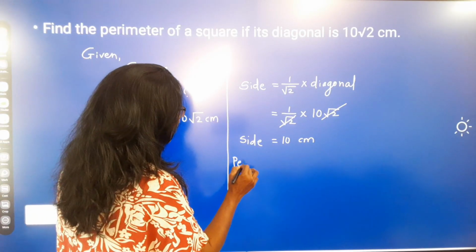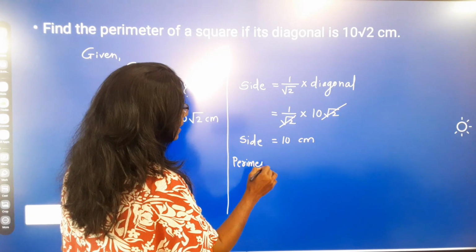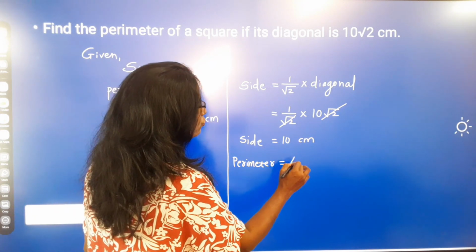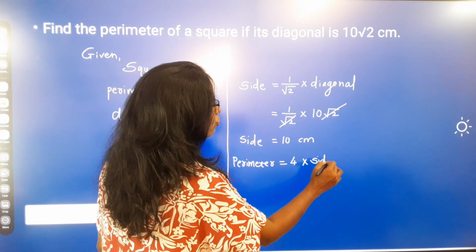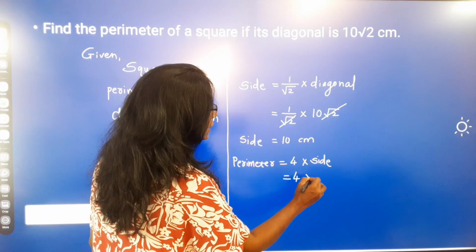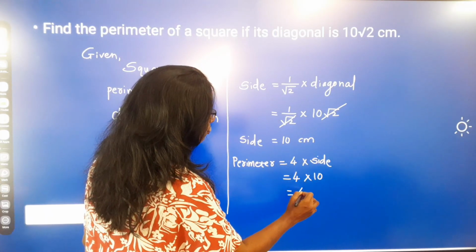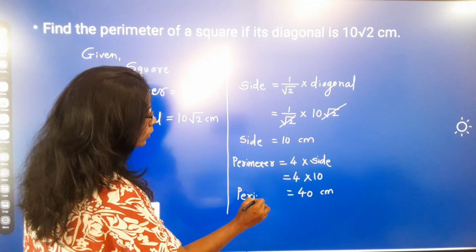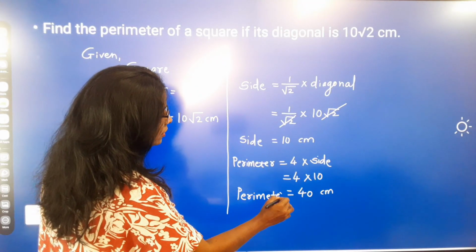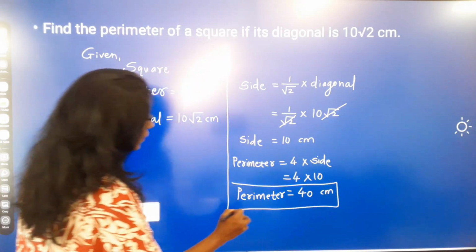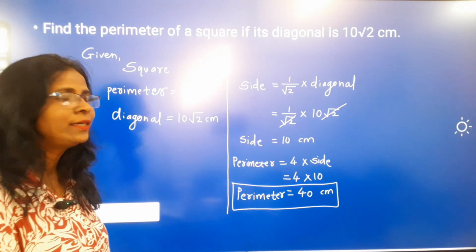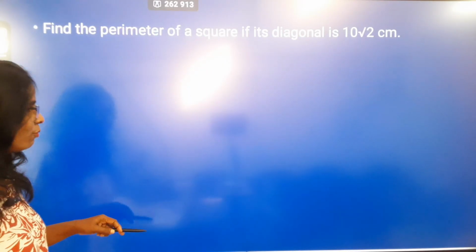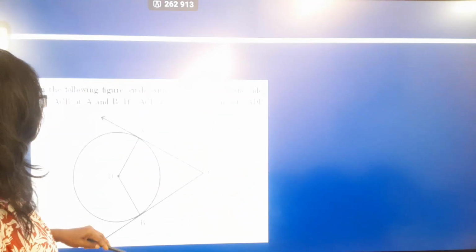The formula for the perimeter of a square is 4 multiplied by side. So 4 multiplied by 10 is 40 centimeter. So the perimeter is equal to 40 centimeter. In such a way you can find the answer to the example. Now here next one.